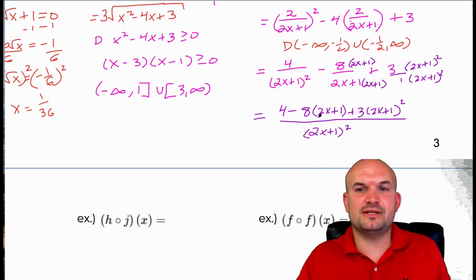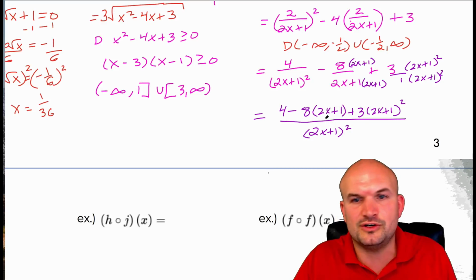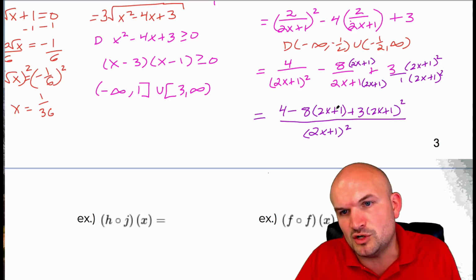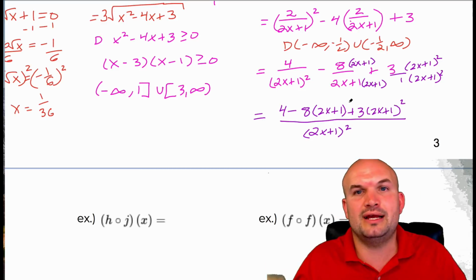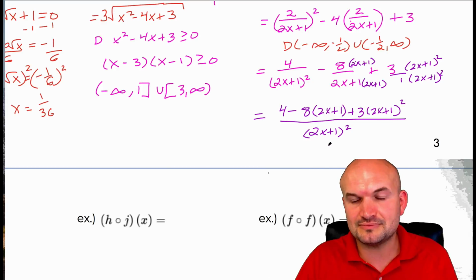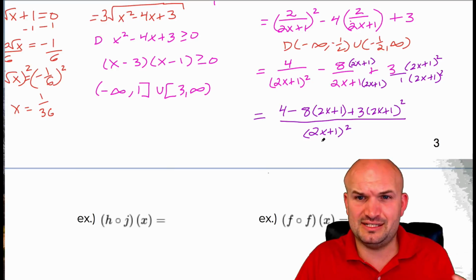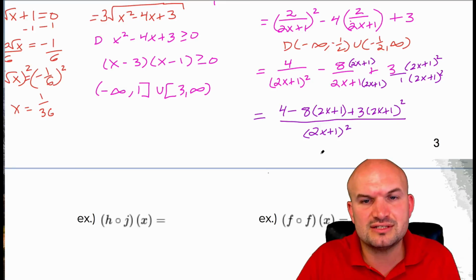A lot of times we look for this to be simplified. You would multiply by the distributive property, expand this and multiply by 3, and then combine all of your like terms. I'll probably provide the answer on my finalized sheet.